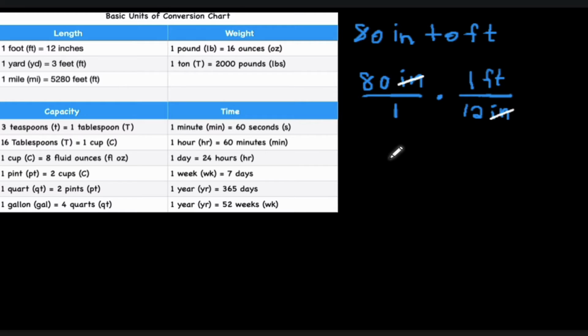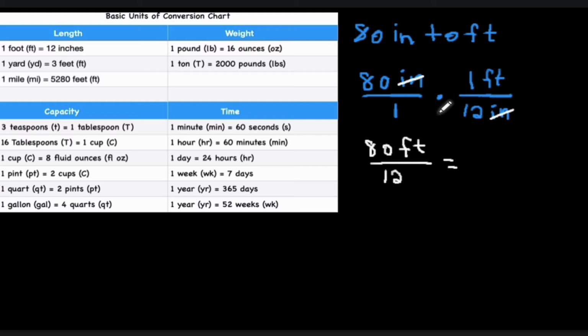And so you multiply across the numerators and the denominators now. So you have 80 feet over 12. All right? And so notice our answer is in feet, which is exactly what we need because we have to convert from inches to feet. That's why we placed feet in the numerator.